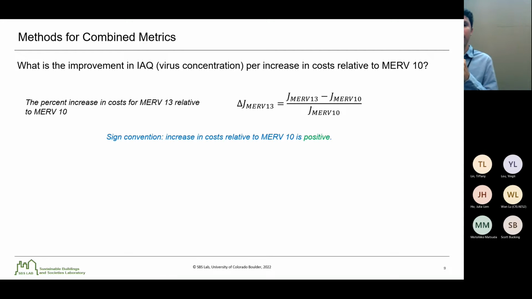And for this, we use the sign convention in this way to make an increase in costs positive, as typically we compare the more efficient mitigation strategies relative to MERV 10. These will typically increase energy consumption either through increased fan power for the higher pressure drop filters or more cooling or heating energy for the increased outdoor air usage.